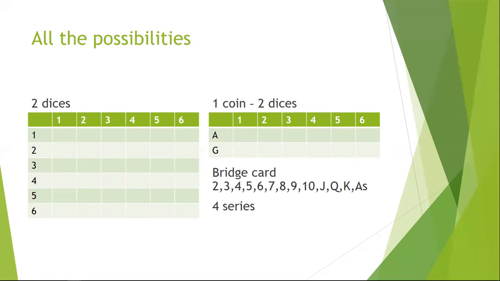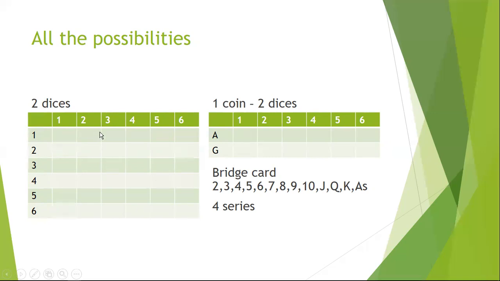So here, what if we throw two dice? We can make a mapping, a diagram, of the possible events from two dice. I write 1 to 6 on the left and 1 to 6 on the right. This represents the first dice, and this is the second dice.